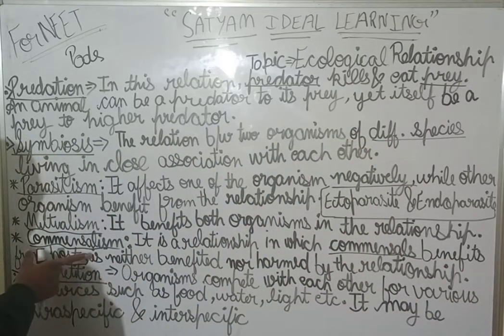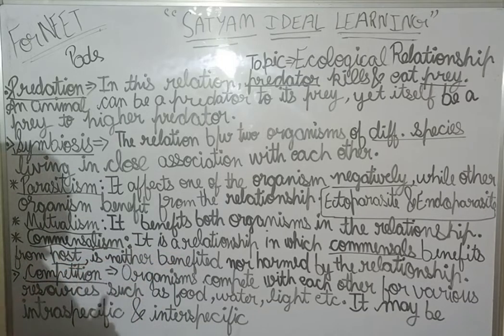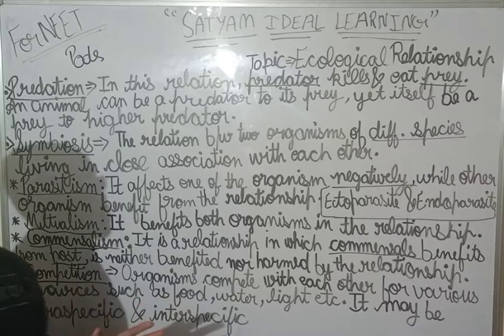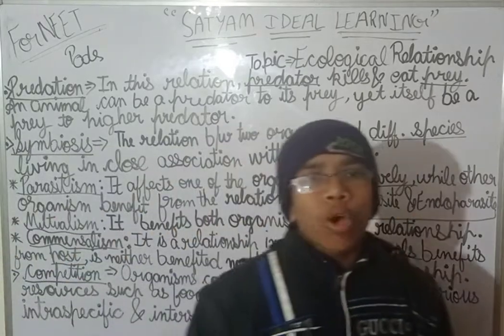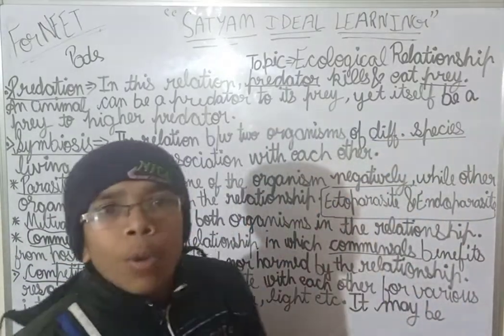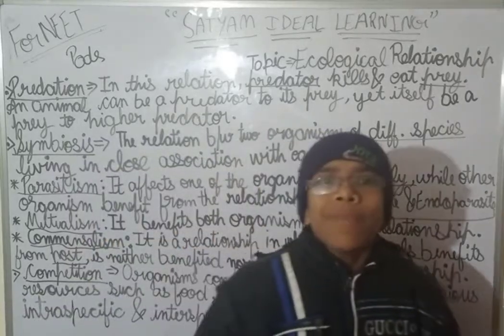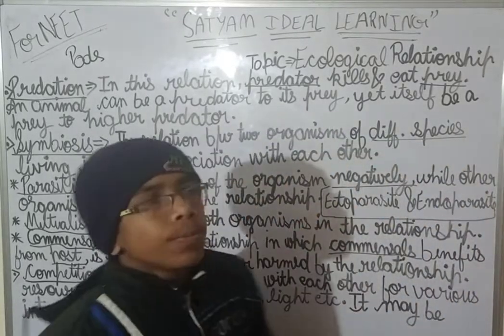I think this must be clear to all of you about commensalism. Now we will come on the competition. What is competition? In simple language, we participate in various competitions, and some have victory, some may lose.